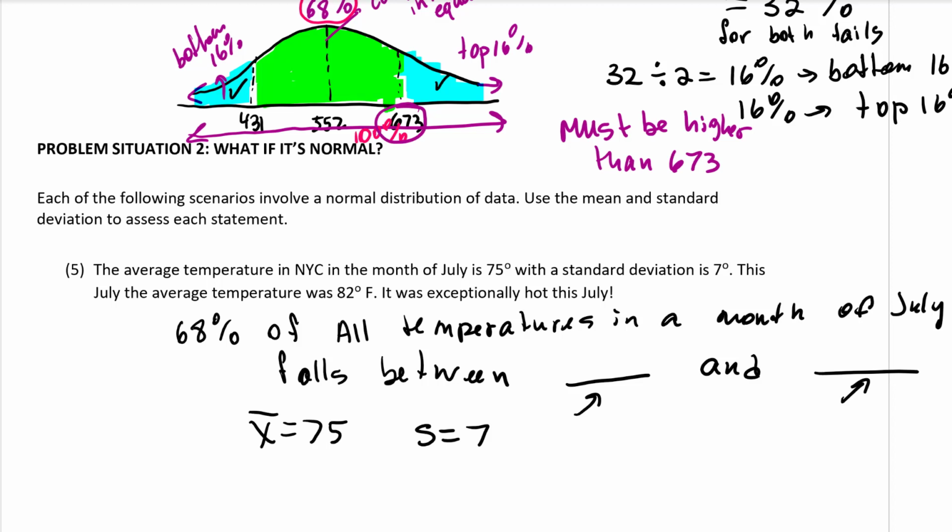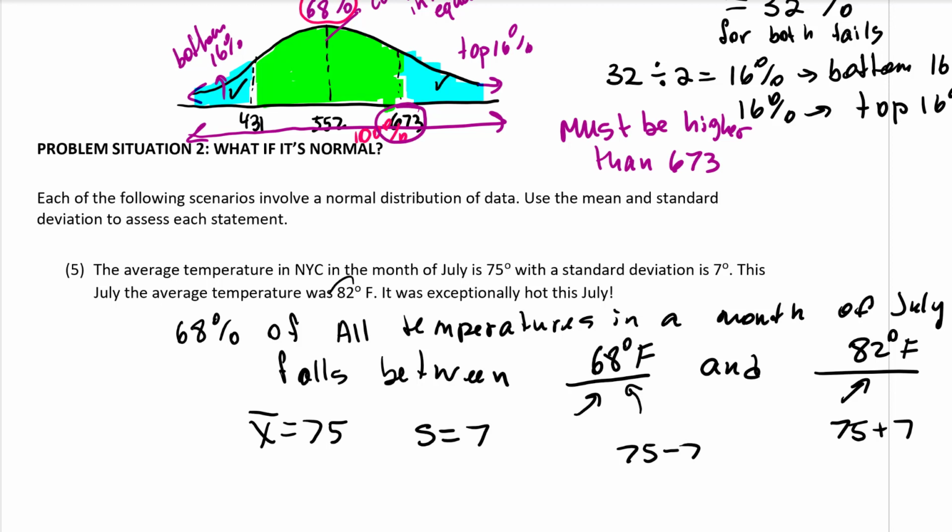Alrighty, so let's review. 75, so you do 75 minus 7, that gives you the bottom of the range. That would be 68 degrees Fahrenheit. And then if you add 7, that gives you 82 degrees Fahrenheit. So this is what will happen most of the time, 68% of the time, which is almost 70.